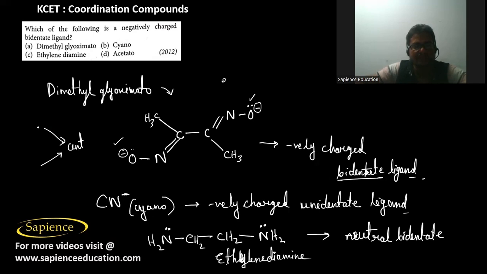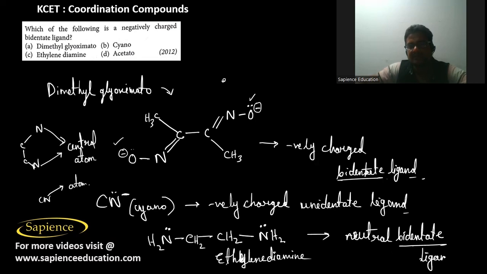If it can give lone pairs from only one side, then it is called a unidentate ligand. So ethylenediamine is a neutral bidentate ligand.